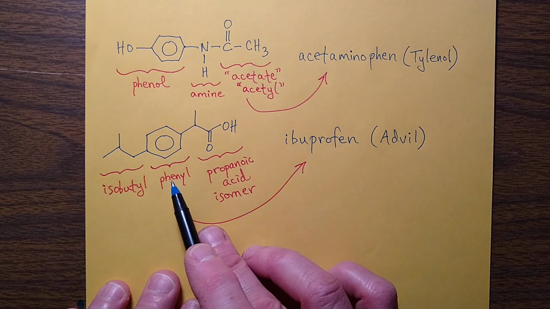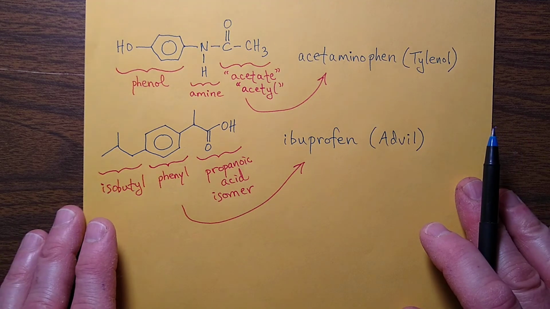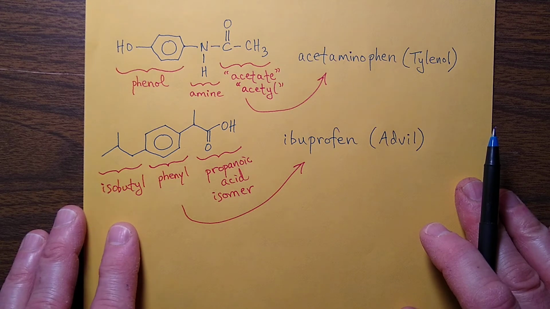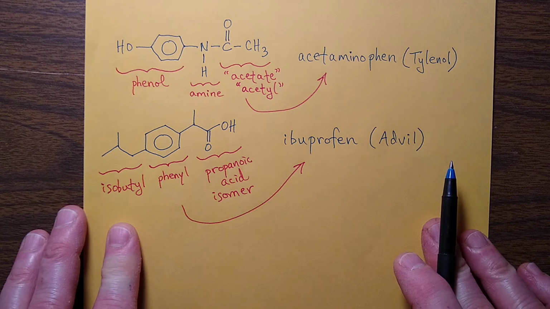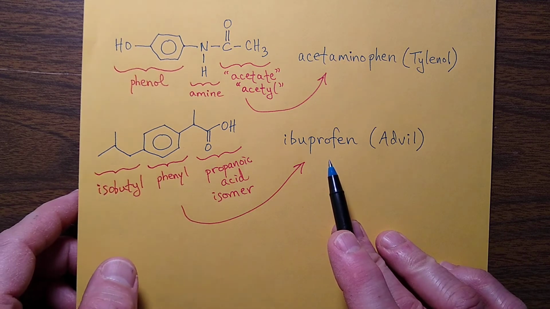They just changed the PH to an F. So that's where some of these weird names you see for drugs come from. They're just reading the chemical structure, reading the functional groups and combining them into the name of a drug.